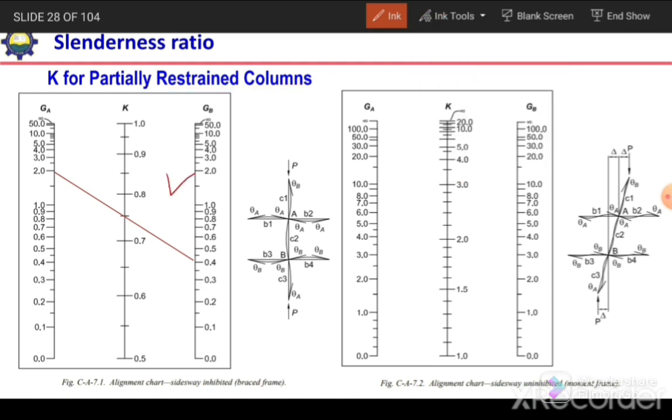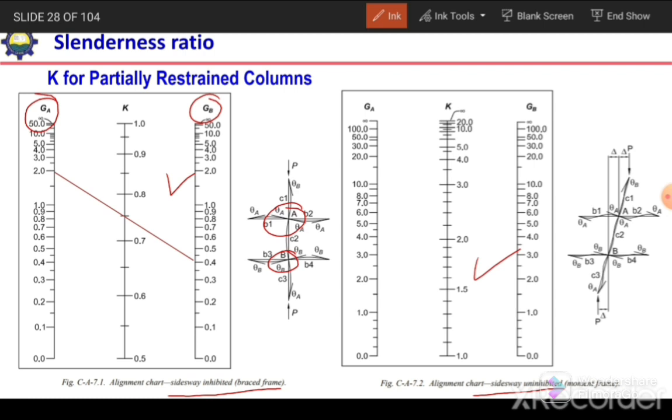The first chart is for the frames in which sway is prohibited or restrained. So in that case we can use this chart, and in case of frames where side sway is permitted, we will use this chart. So to find the value of k from this chart, we need to calculate GA and GB. GA will be at this joint and GB will be at the bottom joint.